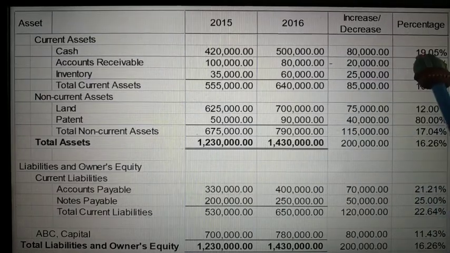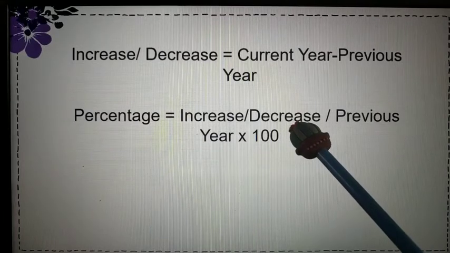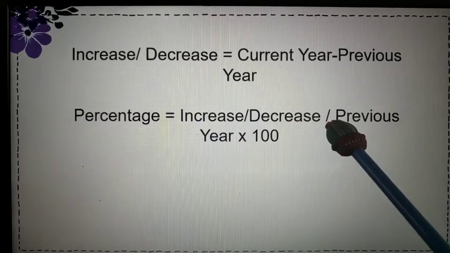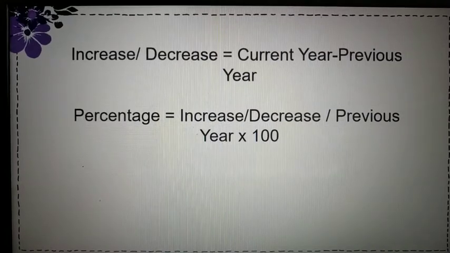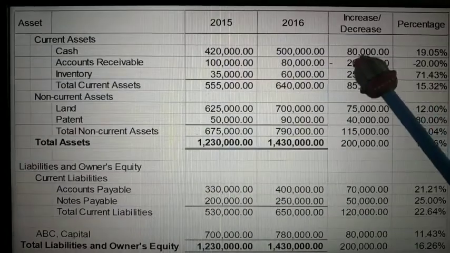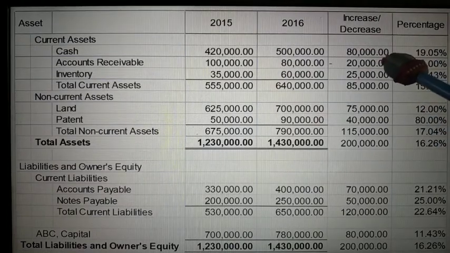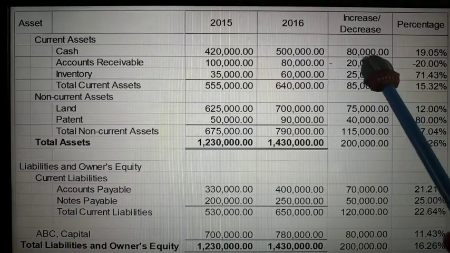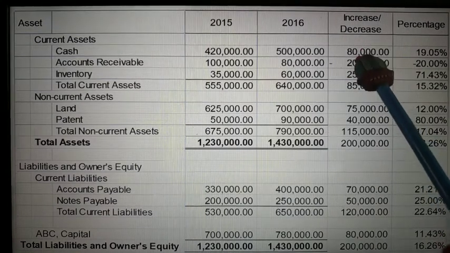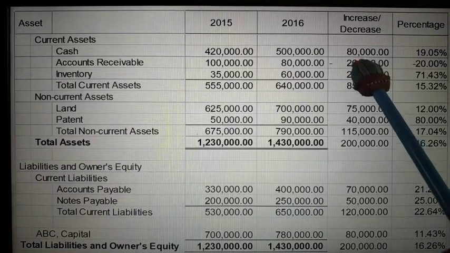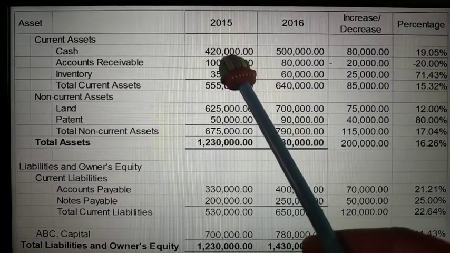Then, to get the percentage, your formula is the increase and decrease divided by the previous year times 100. So you already got the increase and decrease for the cash, which is 80,000, and then you divide it by the previous year, 2015, which is 420,000.